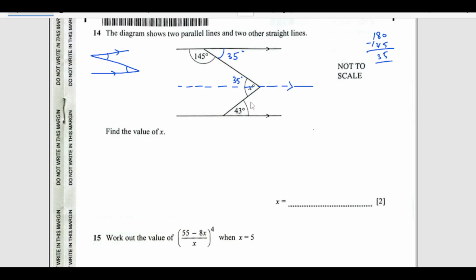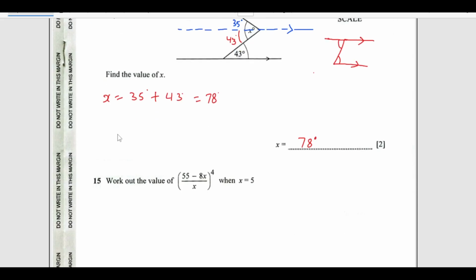This line is parallel, and we get a C shape, the co-interior angles. But on this side, this is a Z shape, so this angle and this angle are the same. If this is 43, this is also 43. Now we are looking for x. So x is 35 plus 43, which is 78. So the final answer is 78 degrees.